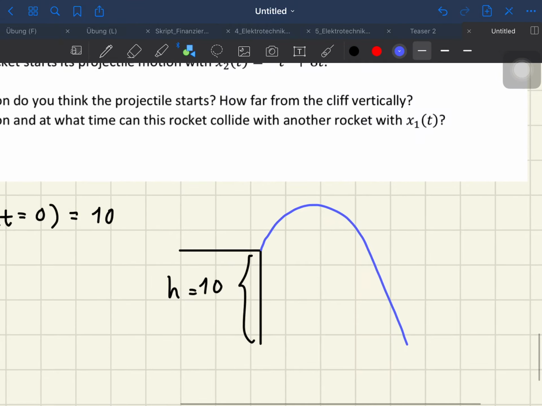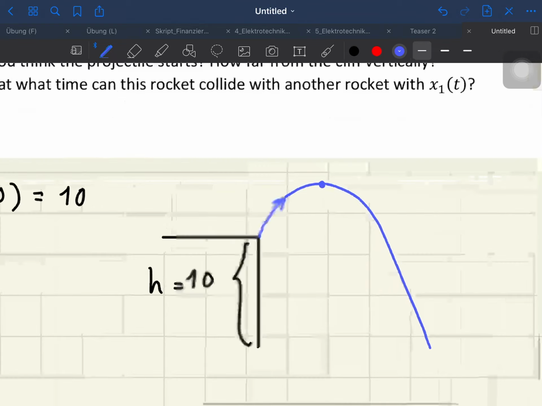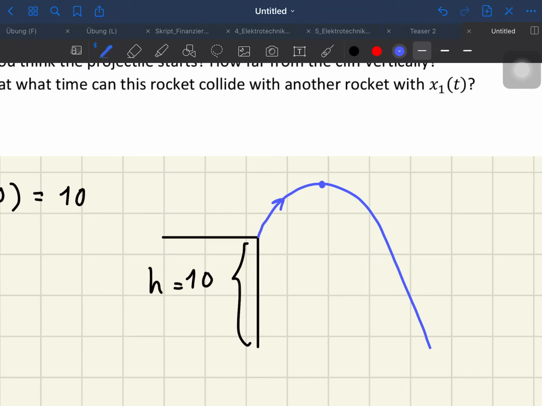So this is the parabolic curve that you're supposed to get, and this is the vertex of the parabolic curve, and this is the remaining piece of the parabolic curve, which I do not show, because this is where the rocket projectile motion starts, at the height of 10.